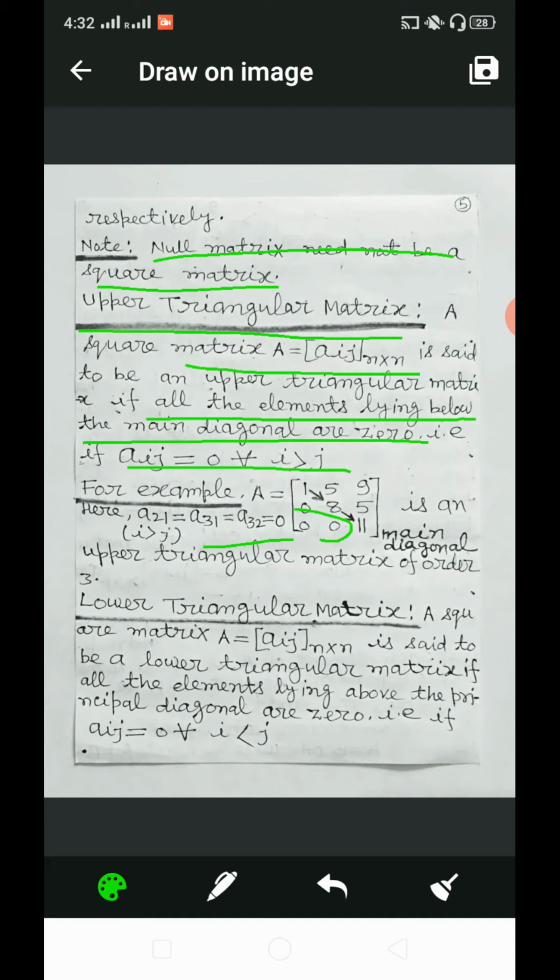Lower triangular matrix. A square matrix A equal to Aij of order n is said to be a lower triangular matrix if all the elements lying above the principal diagonal are 0. That is, if Aij is equal to 0 for all i less than j.